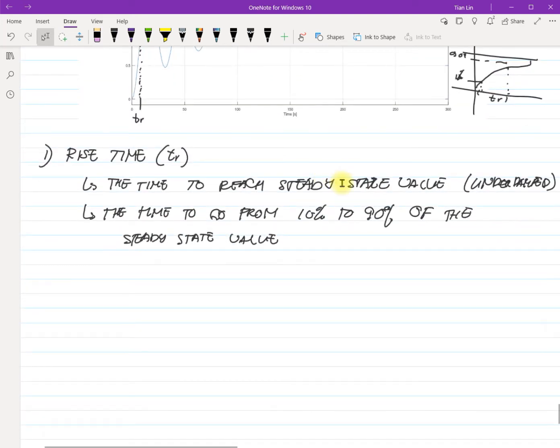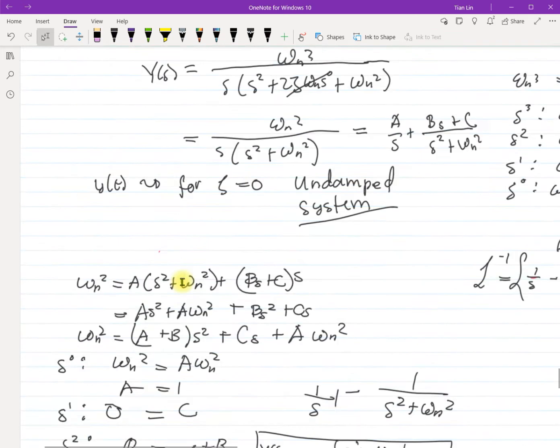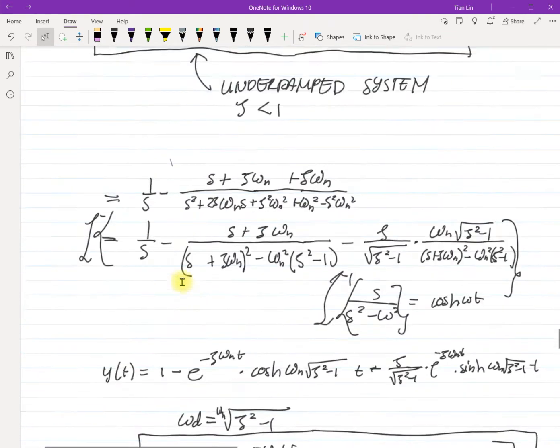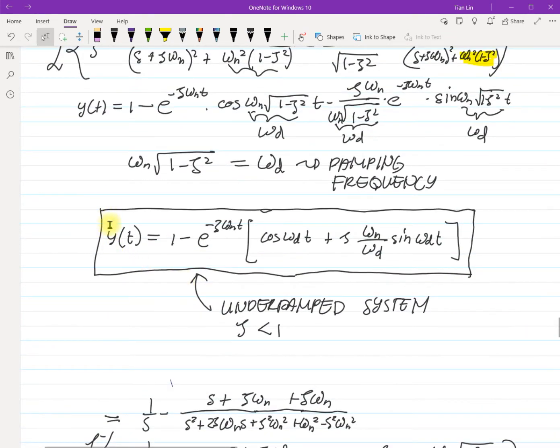Now, we already derived the response for this, y of t for an underdamped system. We derived it here. So this is our final answer before. So let's just copy this.